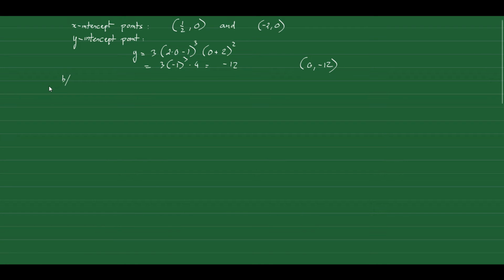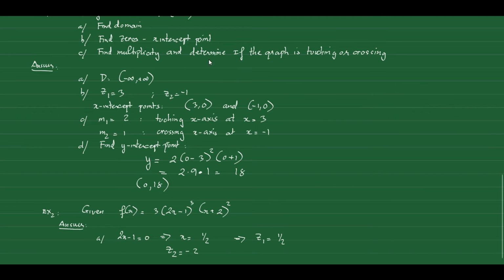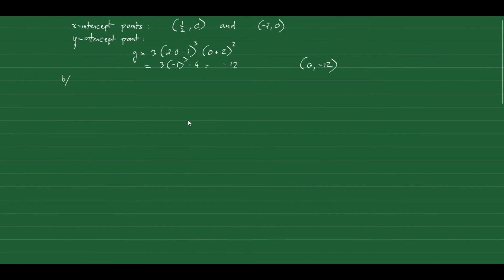Now we want to find the multiplicity, and determine for each whether it is touching or crossing. So m1 will be 3, and 3 is odd, so it will be crossing the x-axis at x equal a half.